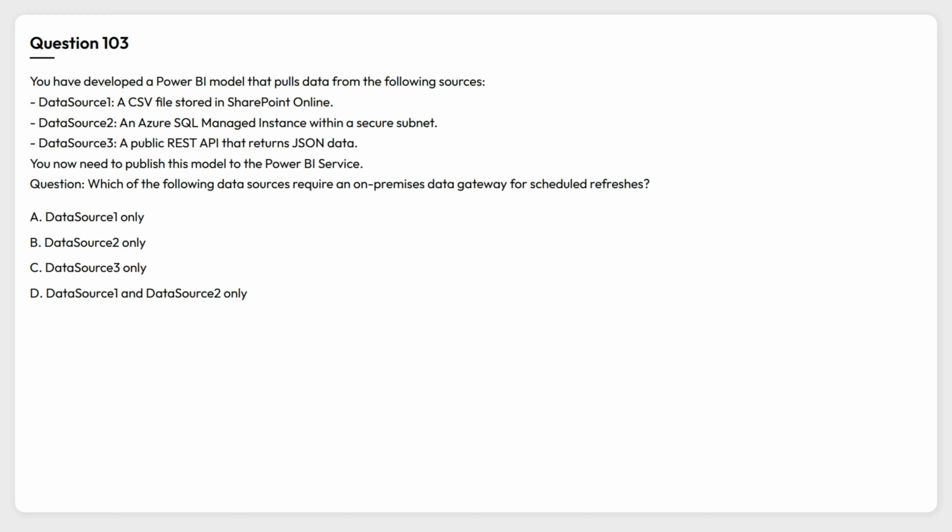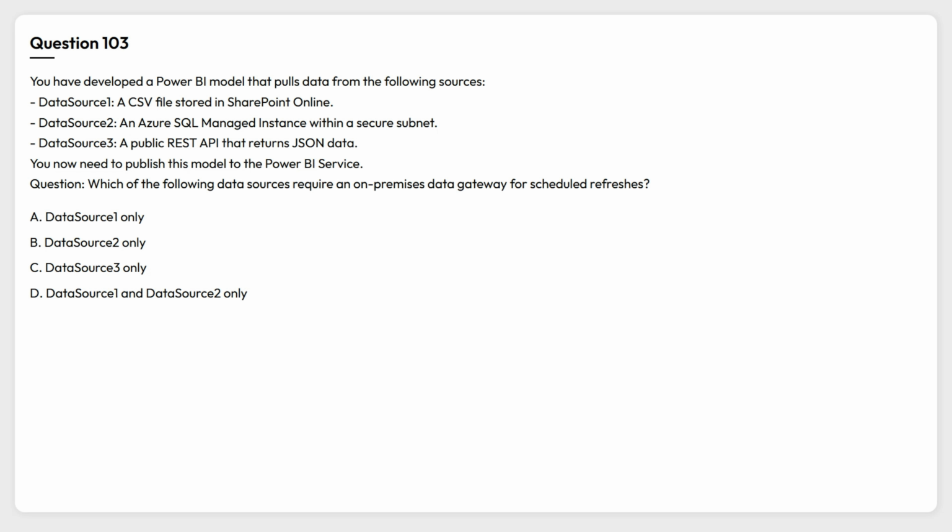Data source 3, a public REST API that returns JSON data. You now need to publish this model to the Power BI service. Question: which of the following data sources require an on-premises data gateway for scheduled refreshes?